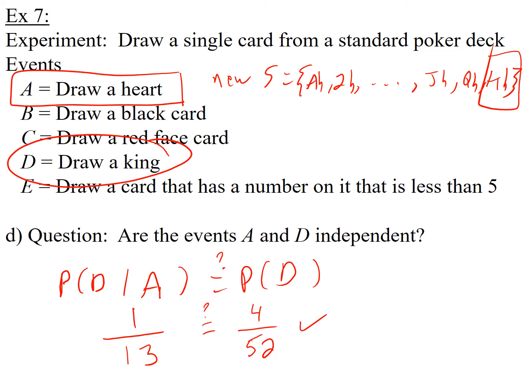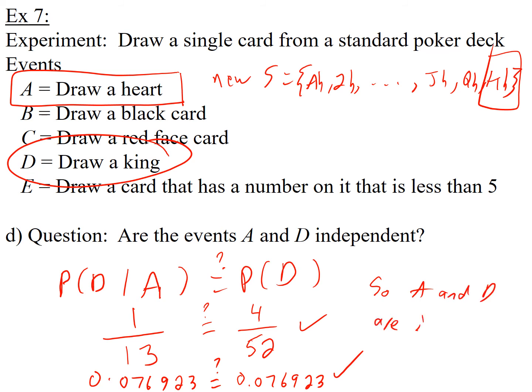So let's see, 1 divided by 13, and I'm getting 0.076923. Anyway, more digits than that. And 4 divided by 52, of course, same thing, 0.076923. They are indeed equal. So what does that mean? So A and D are independent. Yeah, that's how that one goes.